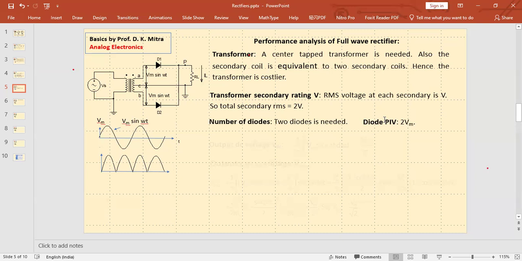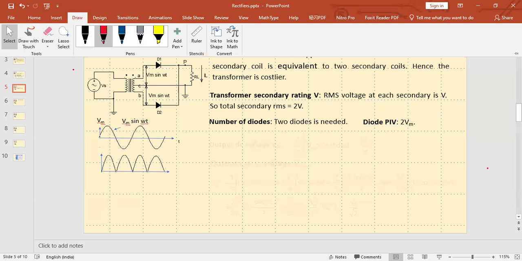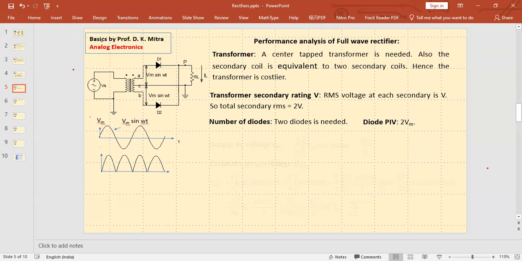How is it 2Vm? Let me show you that. Say this is a positive half cycle, and here is a negative half cycle. In the positive half cycle, current flows through this, and so this diode is forward biased. But this diode is reverse biased. So what is the voltage across this diode?